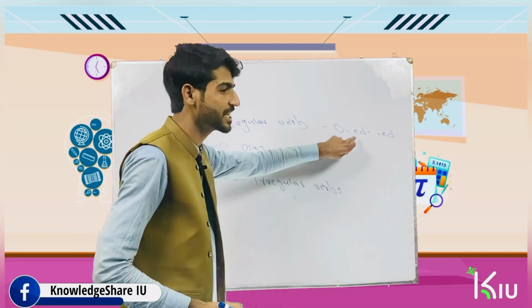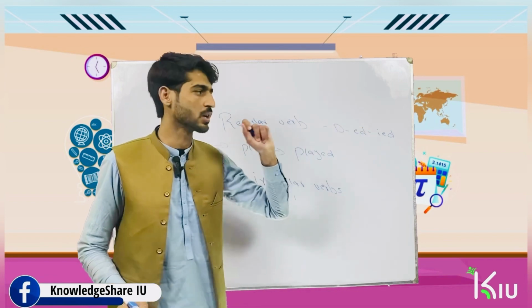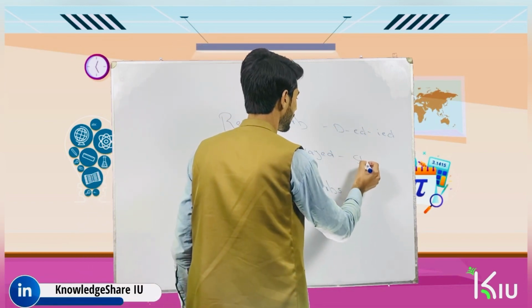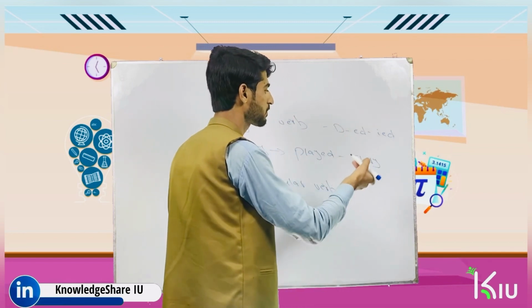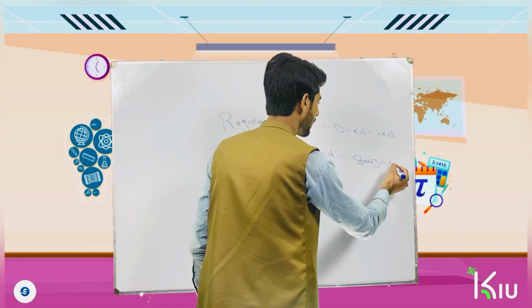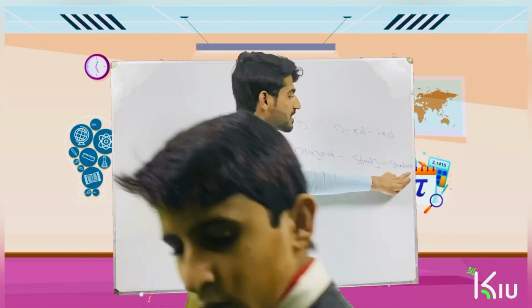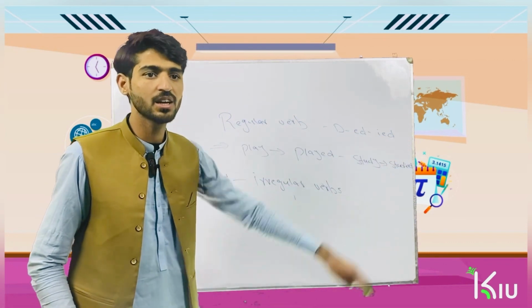So it takes ed. It means that this verb is a regular verb. Now let's see, for example, study. If I want to change it from present to past, I will say studied. Now it takes ied. So it means that it is a regular verb.